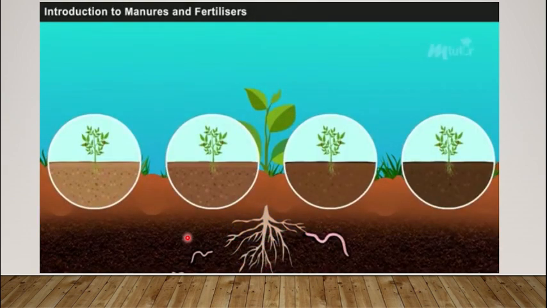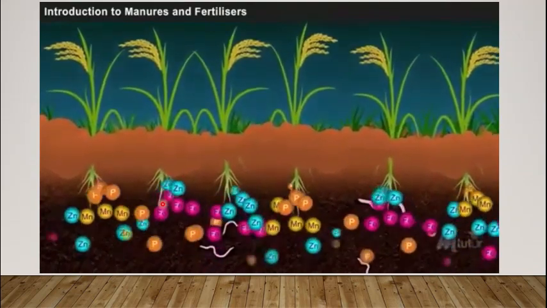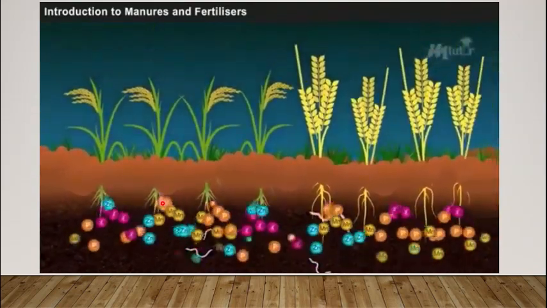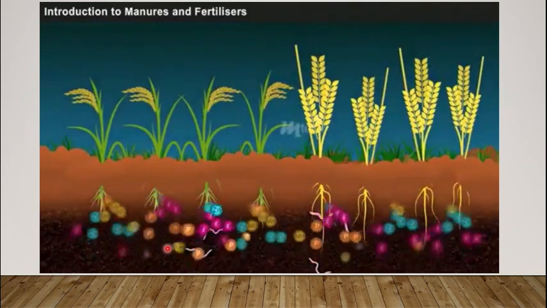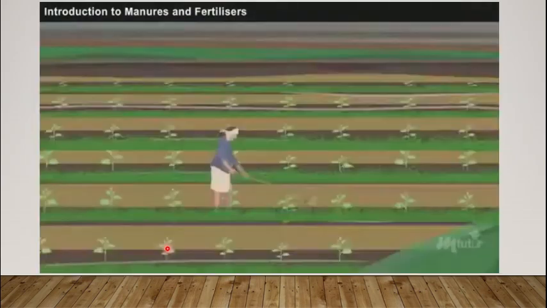Every type of soil provides the important nutrients or minerals to the plant that help their better growth. But due to the repeated cultivation of the same crop, the nutrients in a soil may become lesser or reduced.